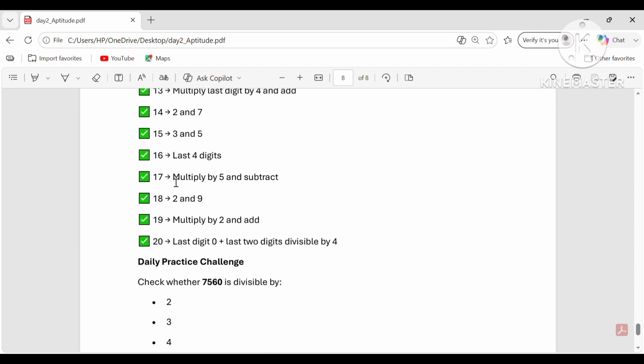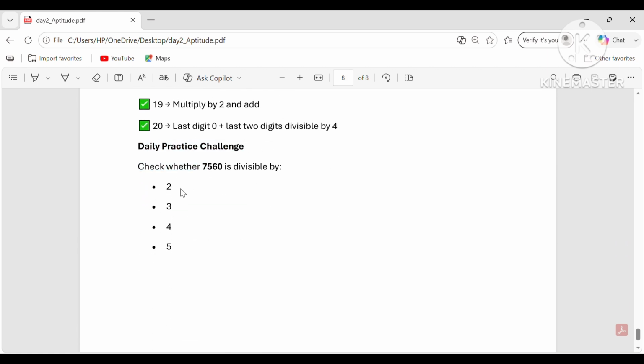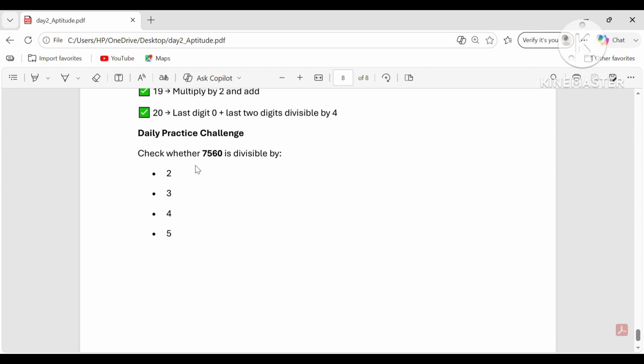Most asked interview questions, I have attached in that PDF. Is 567 divisible by 3? We need to check. For 3, we need to add the digits. Then we got 18. So obviously 18 is divisible by 3.